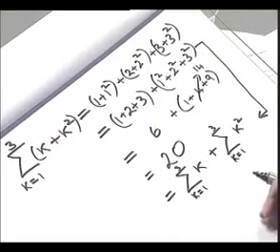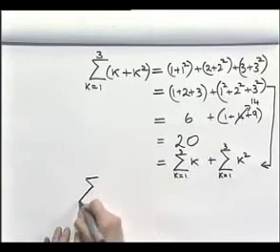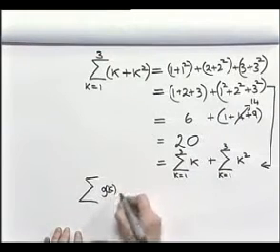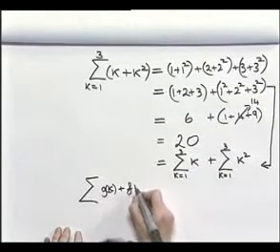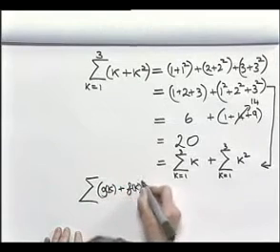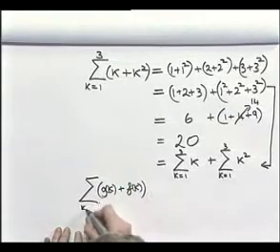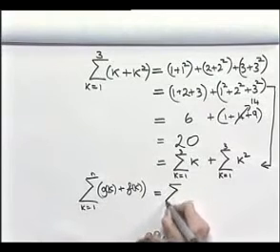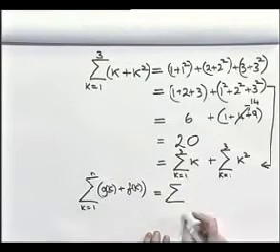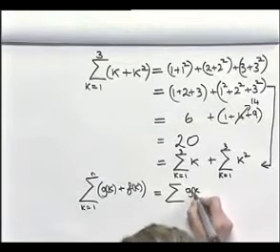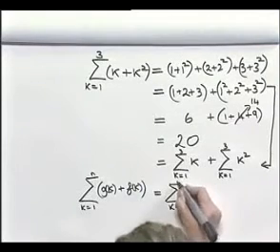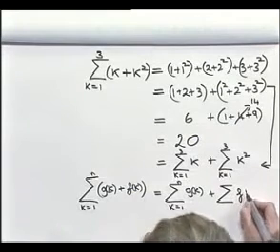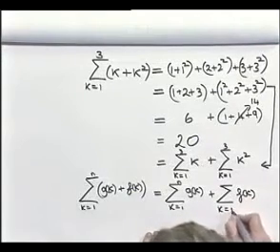So to write this more generally, we can say that the sum of a function of k added to another function of k from k equals 1 to n must equal the sum, two separate sums, the sum of g of k from k equals 1 to n plus sigma f of k from k equals 1 to n.